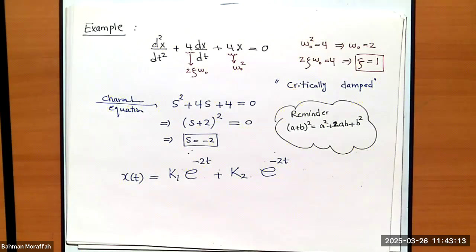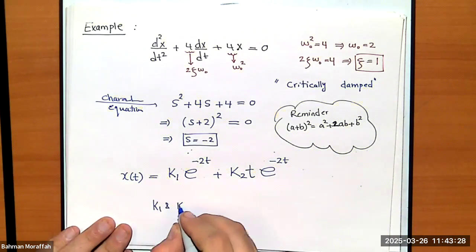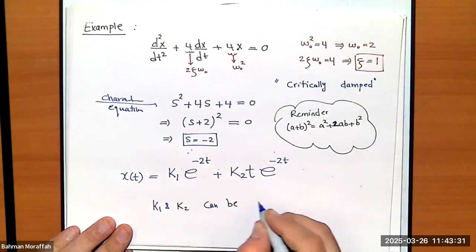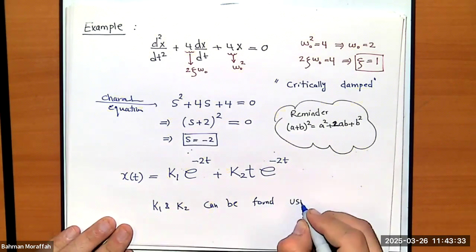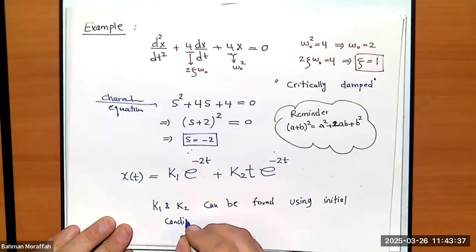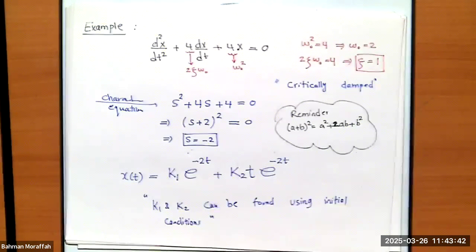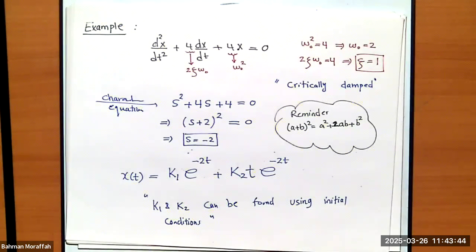So to make the solutions independent, I'm going to multiply the second term by some t. Again, if I give you the initial conditions, I can find k1 and k2. Right? k1 and k2 can be found using initial conditions. So that is very good.